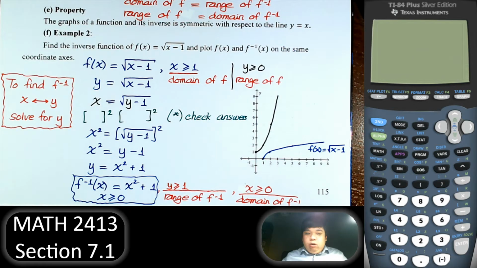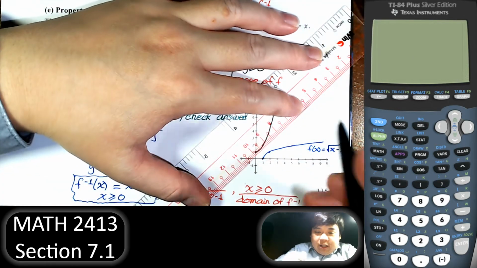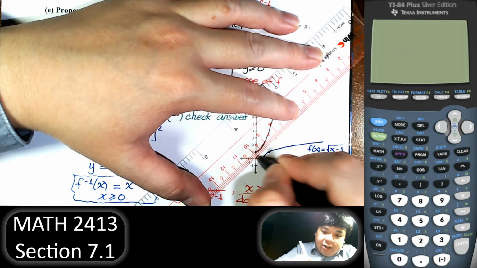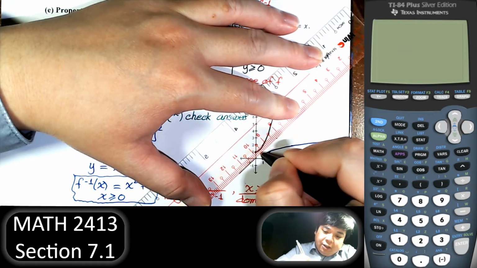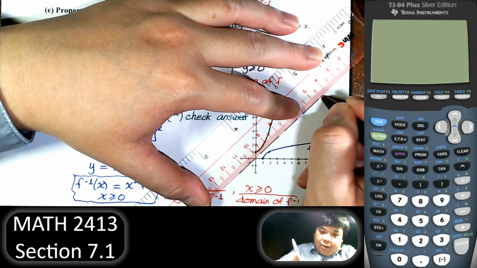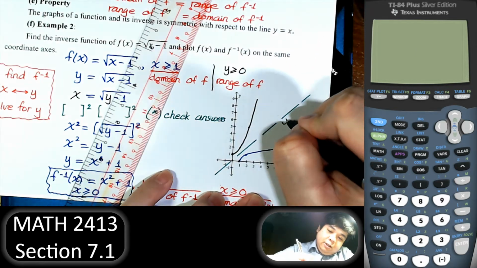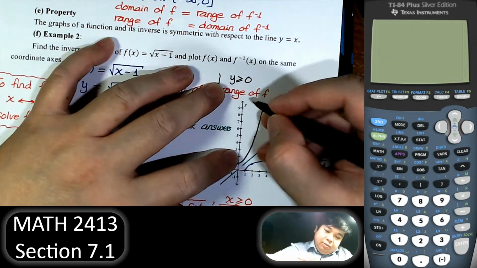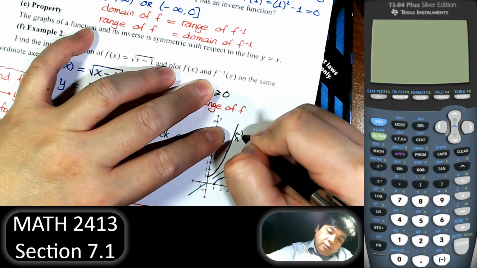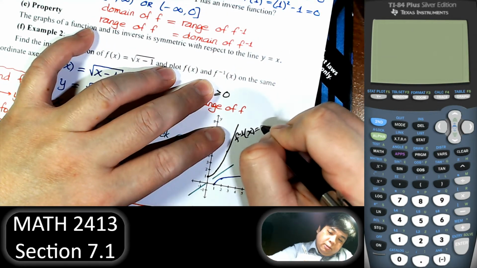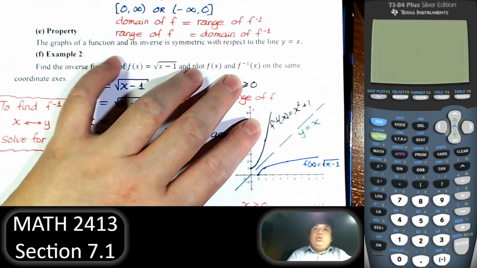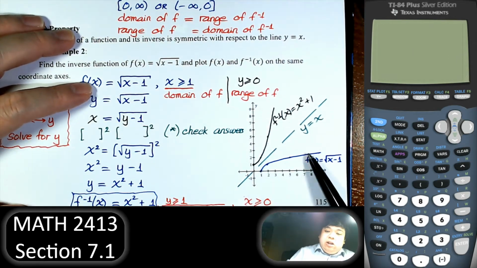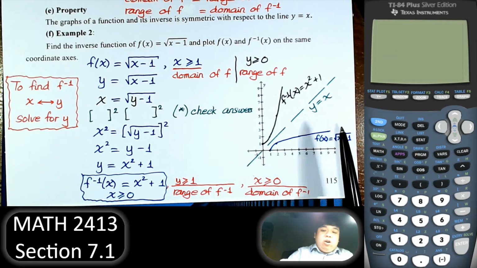And then if we draw the line y equals x, as you see, the function and the inverse are symmetric about the line y equals x.